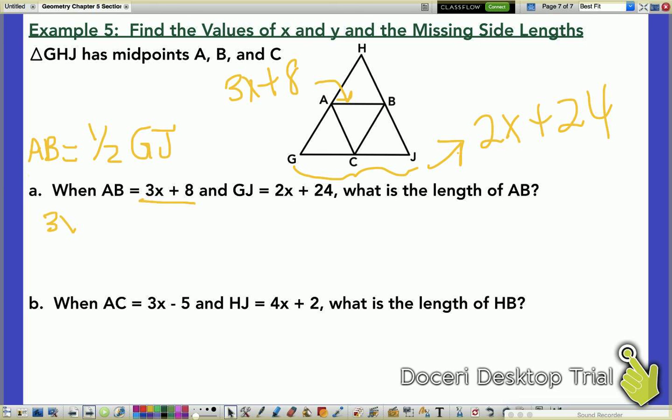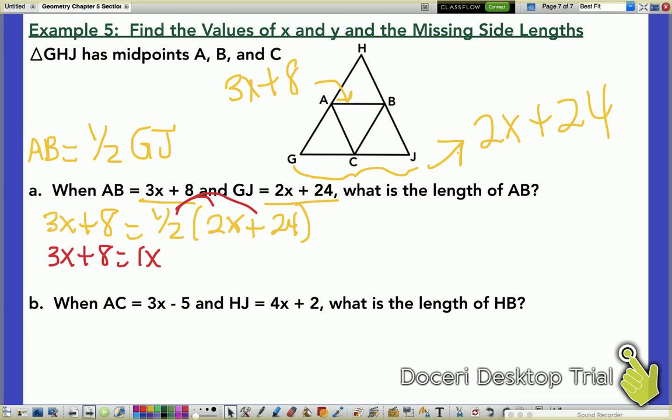AB is half of GJ. I did definitely not leave myself enough space, but we're going to just go with it. So 3x plus 8, half of 2 is 1, half of 24 is 12.